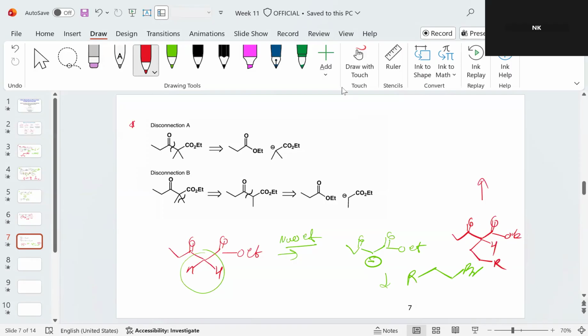If you want to add further different groups, let's say you want to add another group instead of this hydrogen, we can treat it first with the base. So we get such a type of anion, and then again treat with such an alkyl bromide, or any alkyl iodide or chloride also.